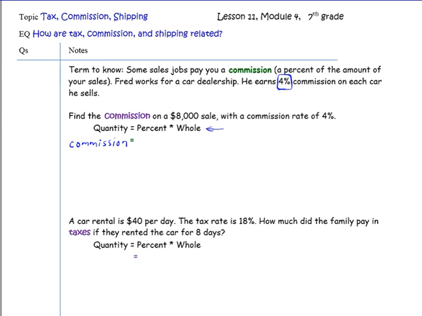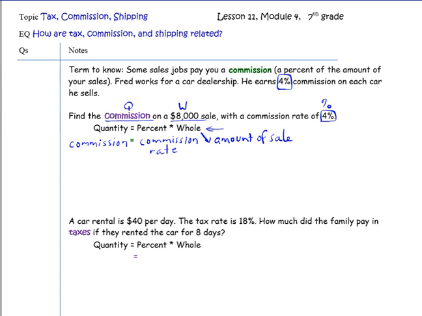So the percent is the commission rate, and the whole is the amount of sale. Our amount of sale is $8,000, so that is the whole. The commission rate of 4% is our percent, and the commission is the quantity that we are looking for.